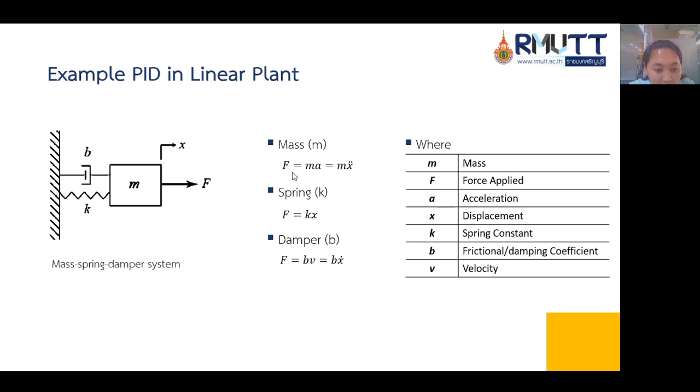For the spring system, the force F is equal to k times x. And for the damper system, the force F is equal to b times v, where v is velocity, equal to b times x single dot.